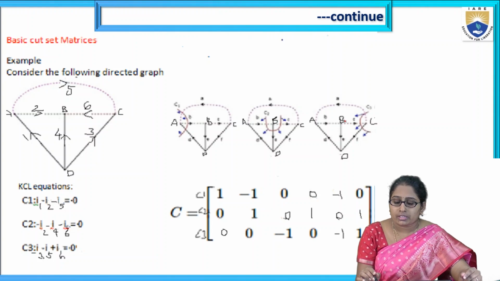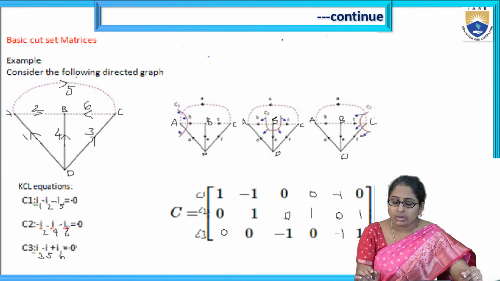Next, one more cut set I can draw at node C, denoted with C3, which consists of this branch 3, and the remaining 2 are the links. So this is the third cut set.